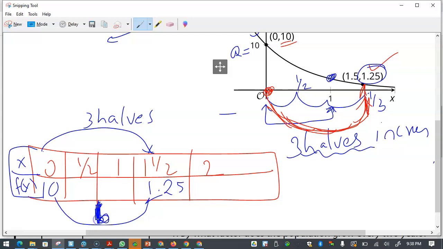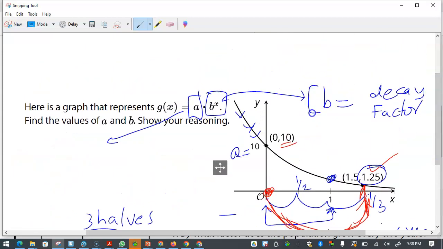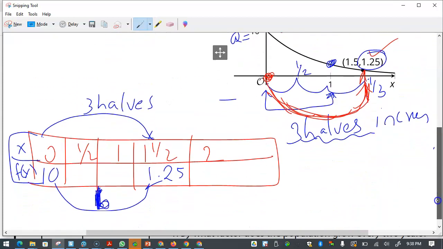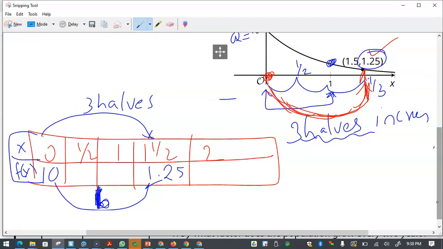This b which we are using in the formula is for every increase in x by 1. But then we have fractions here, right? So we have fractional inputs. So what you have to do is, let's call this b uppercase, because for this one we'll say there are three halves, right?